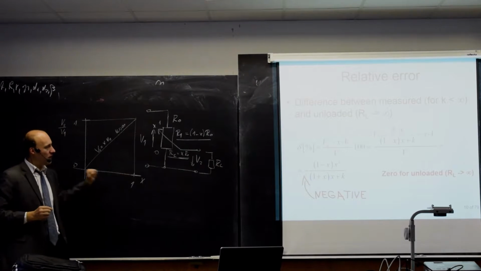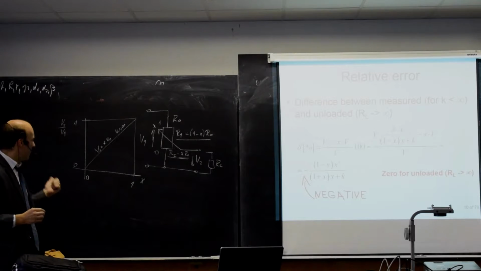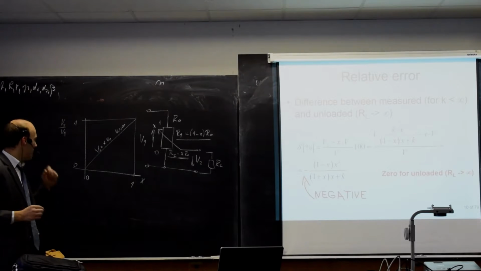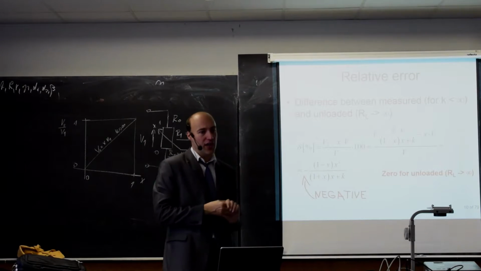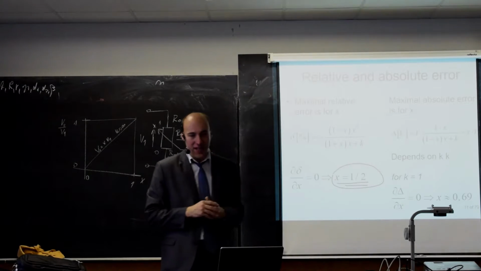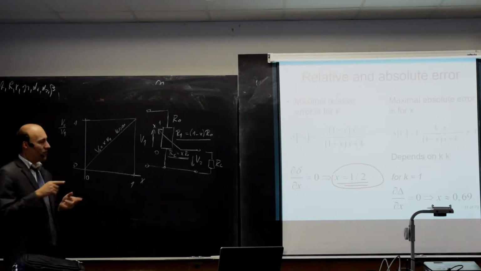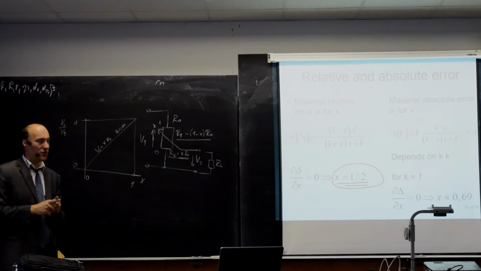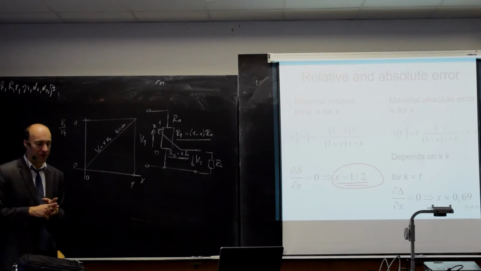We will now look at the chart for the relative and absolute error. And we will see that there is one specific position at which the absolute error is the biggest, and there will also be a specific position where the relative error will be the biggest.